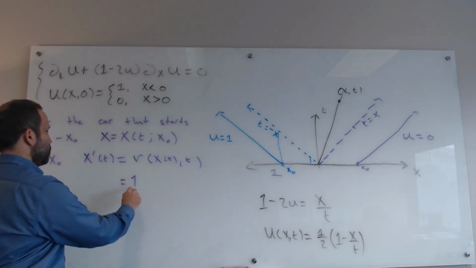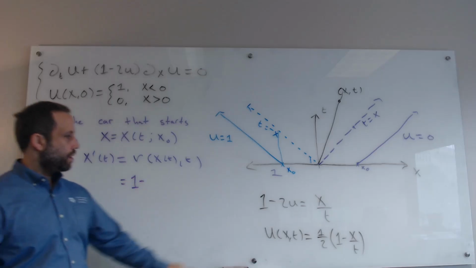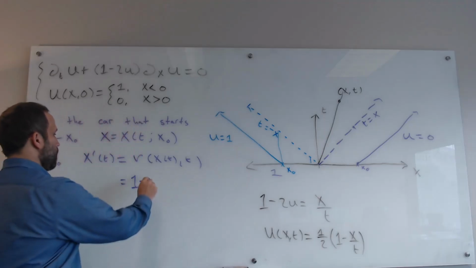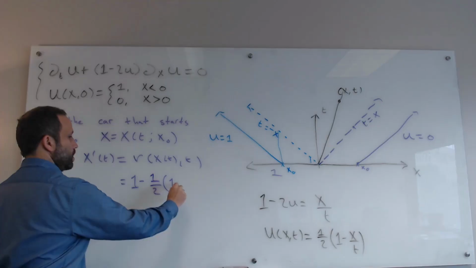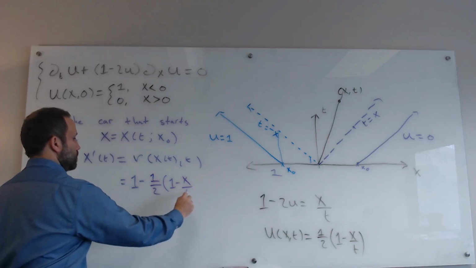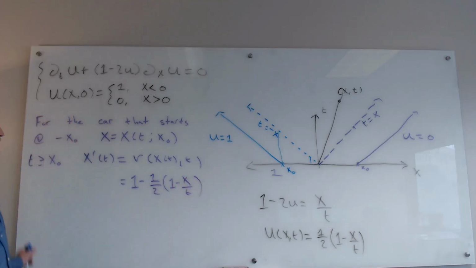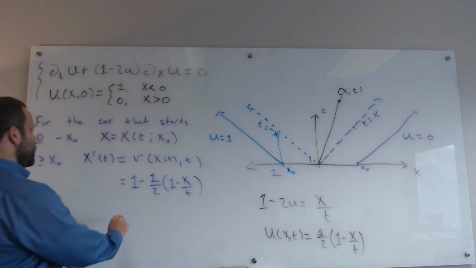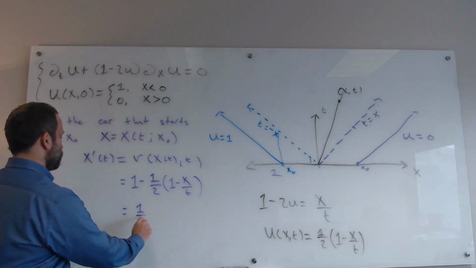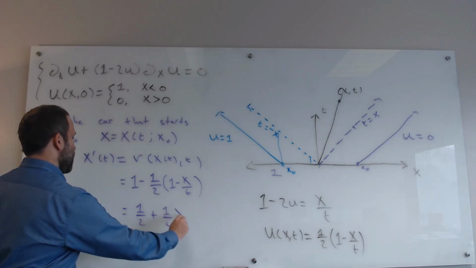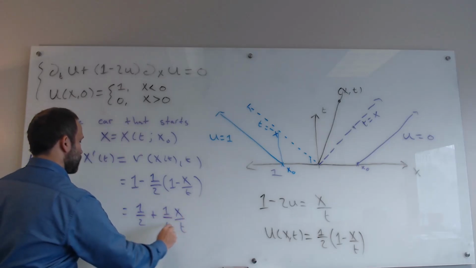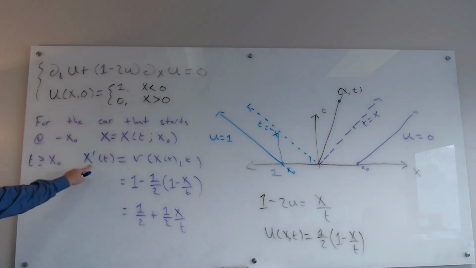So this is 1 minus u, which is that. So it's going to be 1 minus 1/2 times 1 minus x over t. And this is going to be equal to 1/2 plus 1/2 x over t.